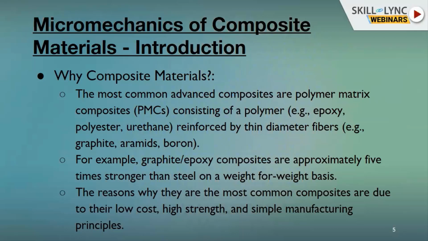I forgot to mention these reinforcements are generally very thin in their diameter. These fibers are usually in the range of micrometers. Each fiber will be not more than 10 microns in diameter.